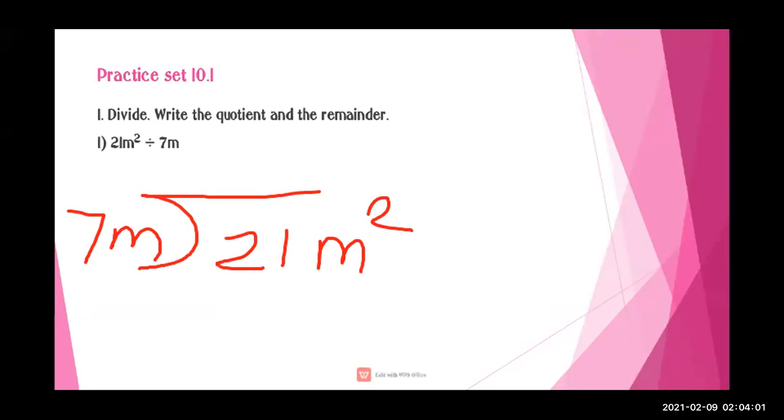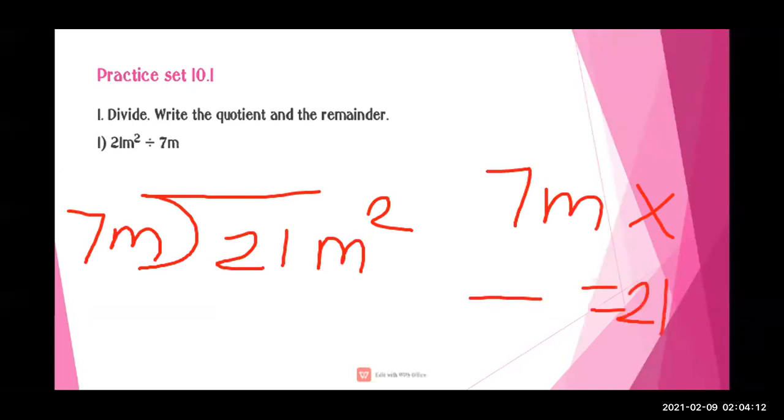You will write on the right side 7m multiplied by dash equal to 21m^2. See what I am writing, just first see and then write the answers in the chat box. Is it clear? If you are not clearing the doubts, if you are not concentrating on the sums, the other sums are very big. Okay.